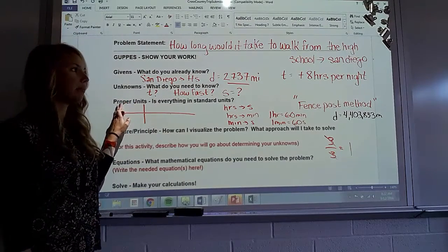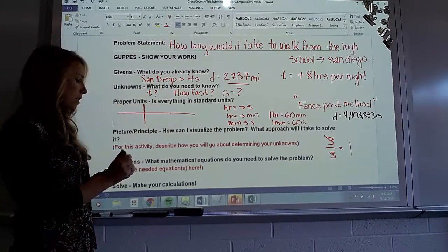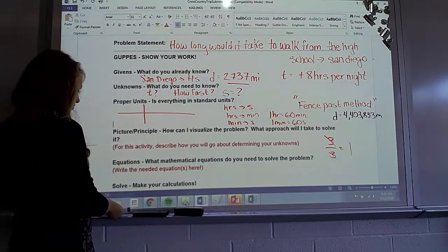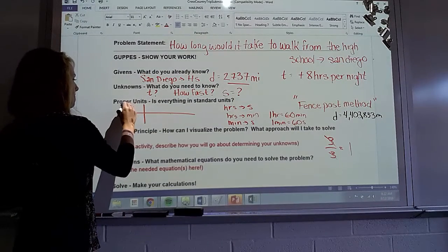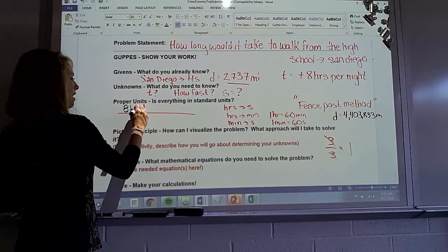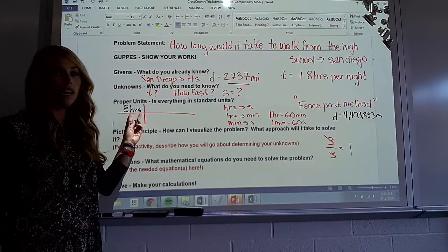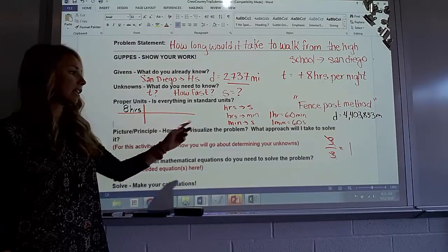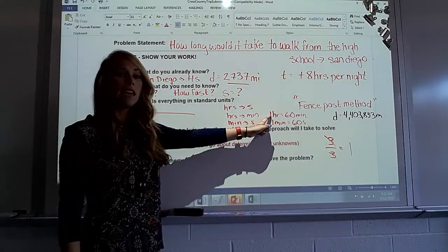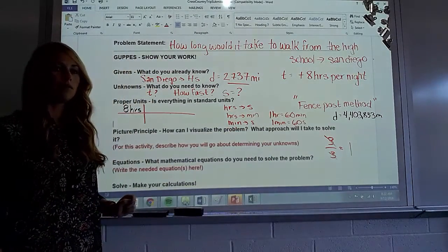So let's start with our fence post. Top left corner, I put the number I would like to convert. So here I would put 8 hours. And again, my goal is to get rid of the unit hours. So I need to put my conversion factor for hours in a place that will cancel out.